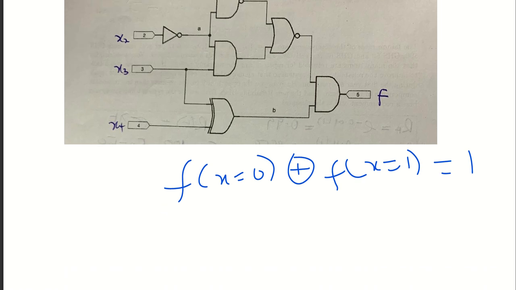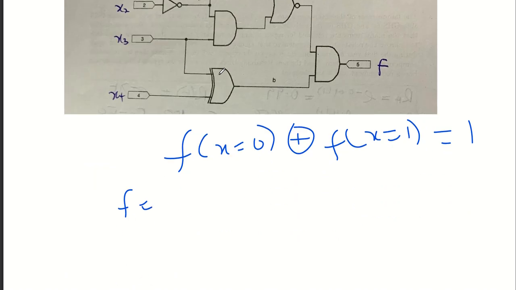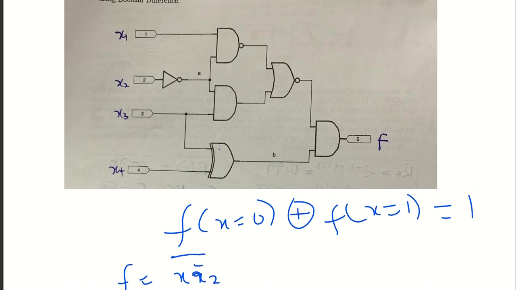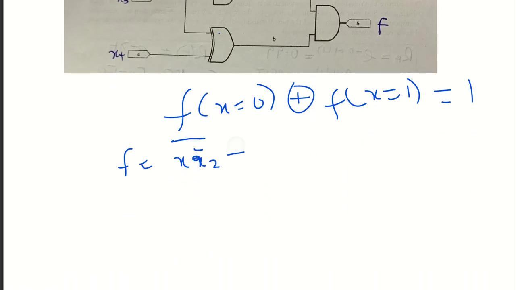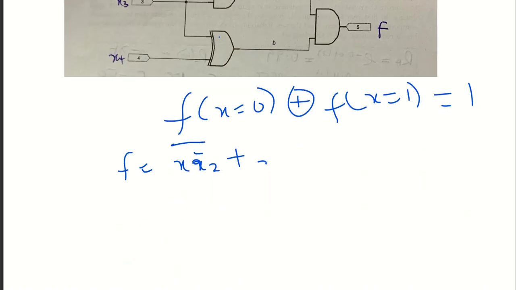So f is equal to x1 multiplying x2 bar, feeding into a NAND gate. Then there is the other NAND gate that has as inputs x2 bar and x3.